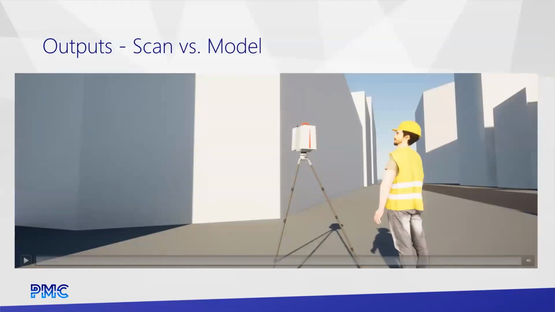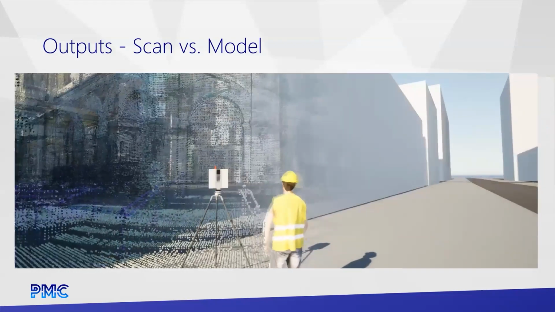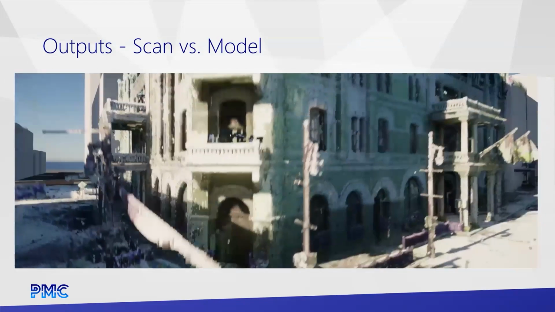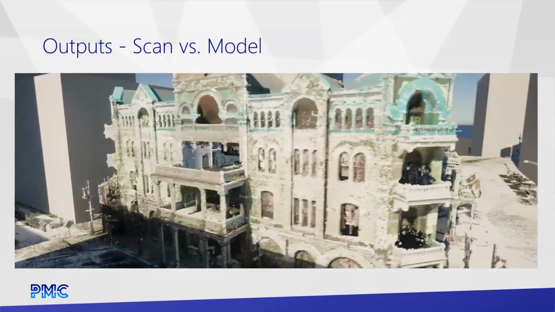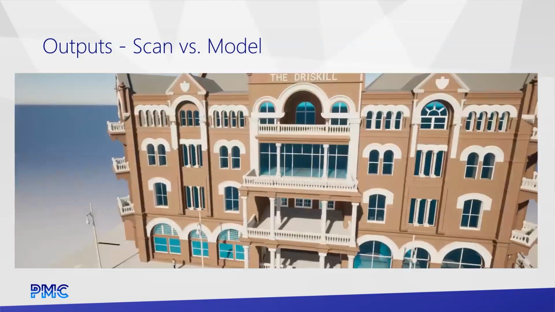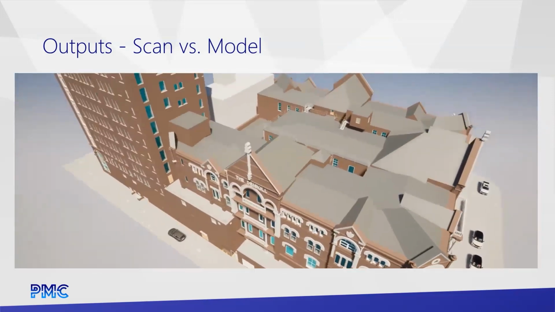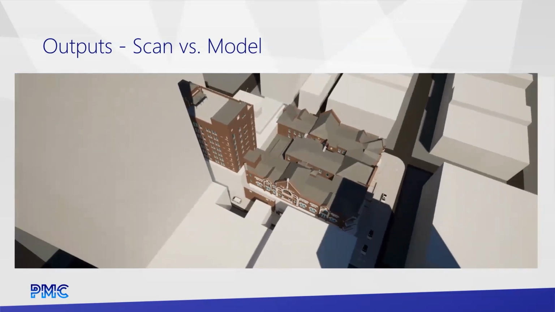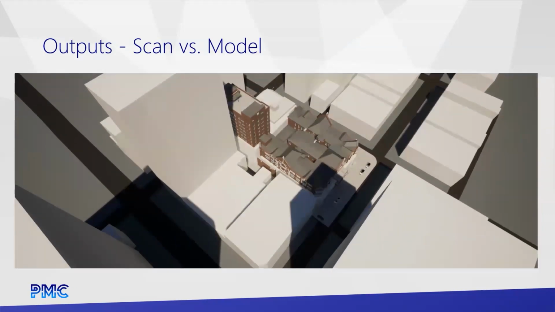Okay. So one thing I wanted to talk a little bit about, this gets some people confused, and this video shows it kind of. We're going to start here with a look at a point cloud, right? And you can see it's a bunch of little dots, right? And it can look good. It can look like a photograph, but ultimately most projects need the model to be developed, right? 3D workable parametric geometry that you can create your future design or construction documents from.